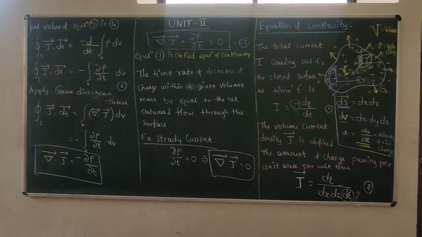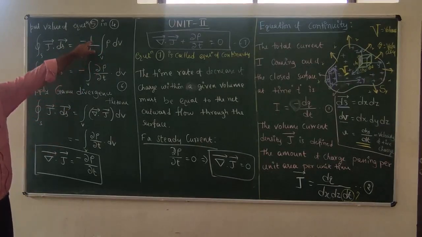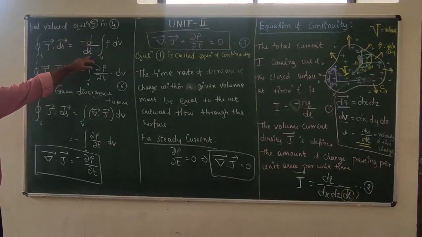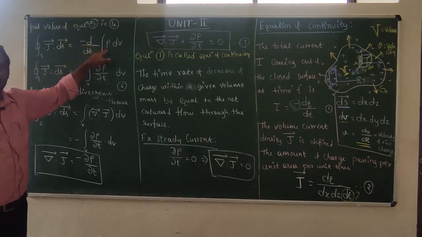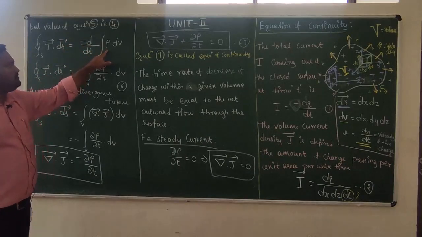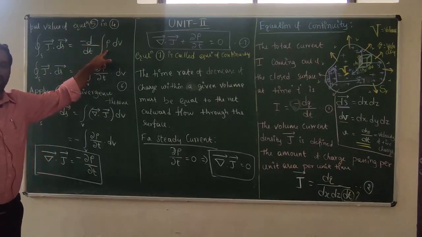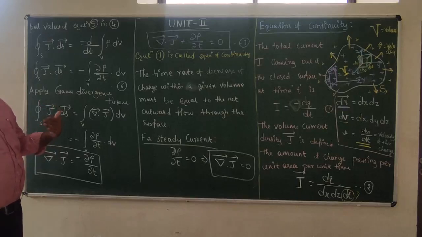So far we have used d by dt because we had a charge which is varying with respect to time, depending upon one variable, time. Whereas in this case we have a volume charge density, which depends upon 4 variables: this is a 3-dimensional quantity, x-axis, y-axis, z-axis, as well as time.